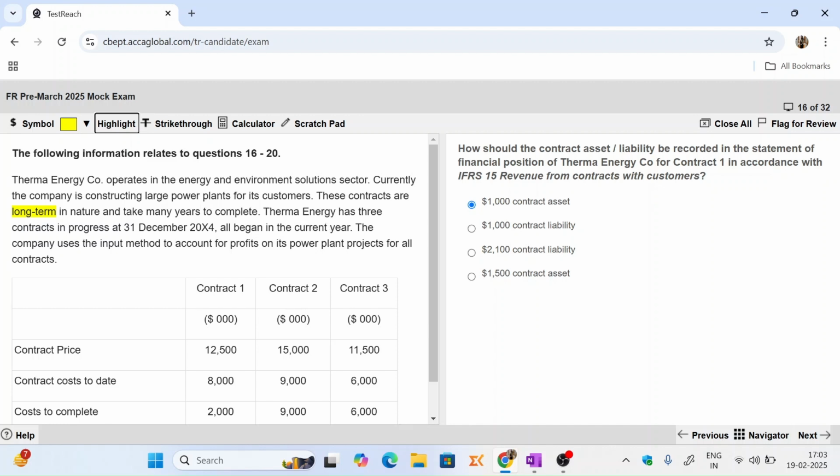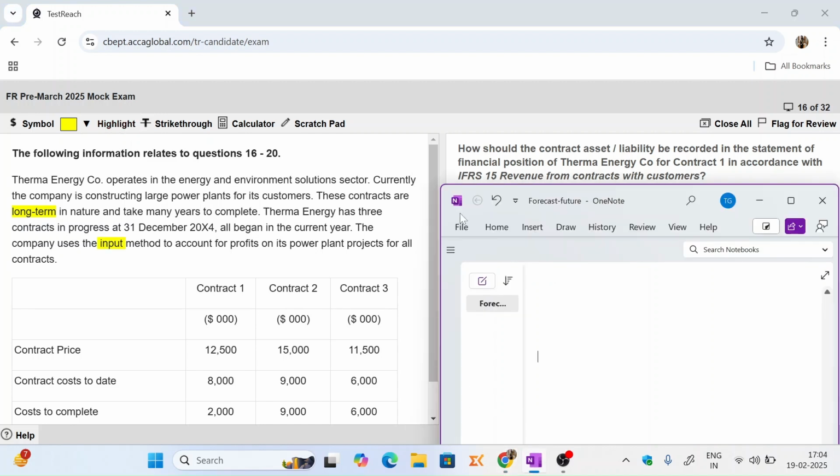Therma Energy has 3 contracts in progress at 31st December 20x4, all of which have begun in the current year. The company uses the input method to account for profits on its power plant projects for all contracts. So this is the input method that we are supposed to be using.